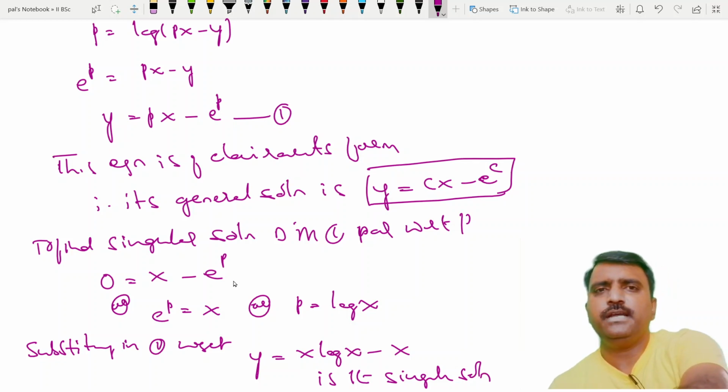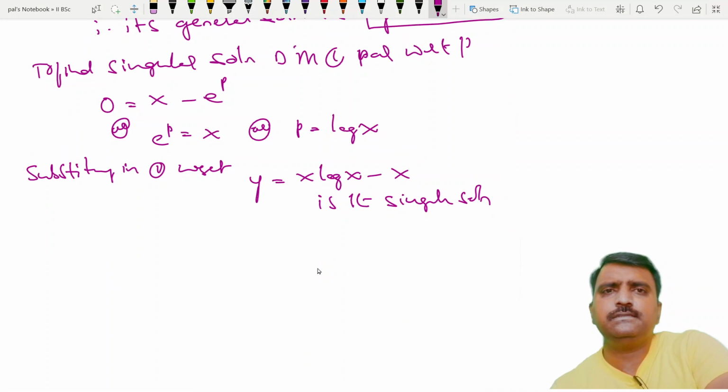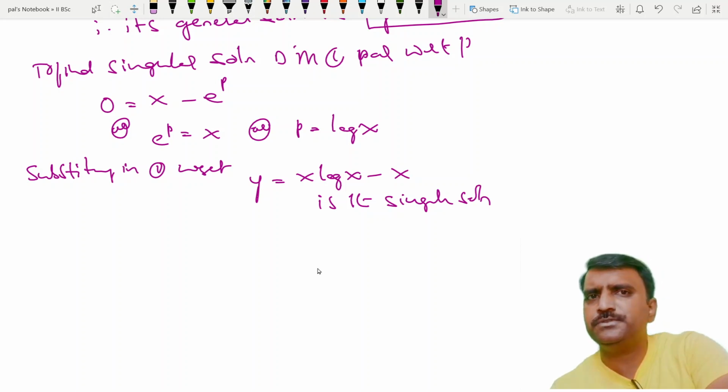Like this we can solve any of the problems in this format. If it is in standard form, then it is not a problem, we can easily solve it. But if it is not in the standard form, with suitable transformations and substitutions, we can reduce it to Clairaut's form, and after that we can solve it.